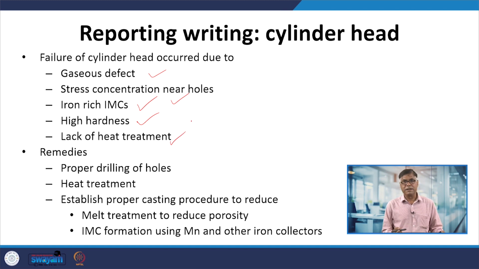The suggested remedy is to do proper drilling of the hole to avoid stress concentration, do proper heat treatment, and ensure proper melt treatment in order to reduce porosity and avoid IMC formation using the proper iron corrector.